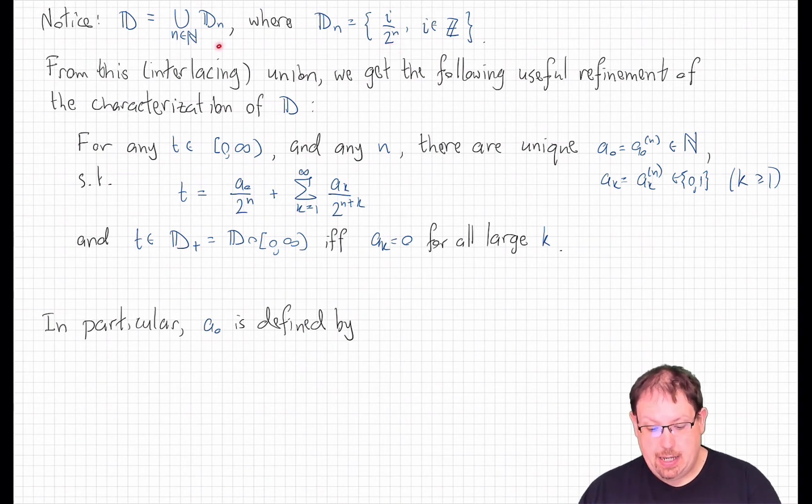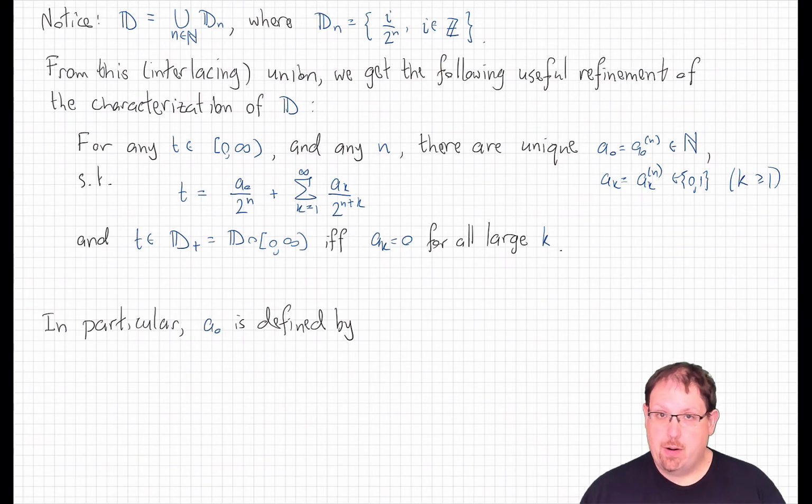Now this is not a disjoint union, of course, just like the usual rational number ratio representation is not disjoint, but it's closer to disjoint than the usual case. We can characterize exactly when these guys overlap, and in fact, if we're careful, we can partition things in a way that will be very useful for us.